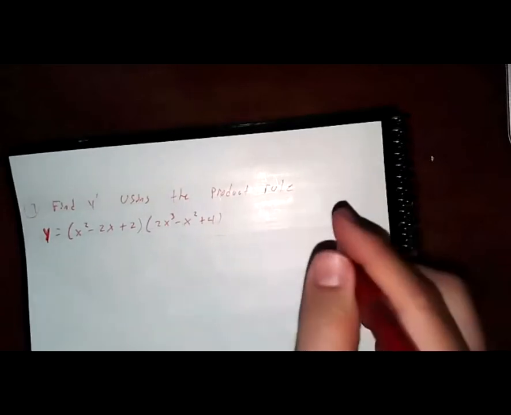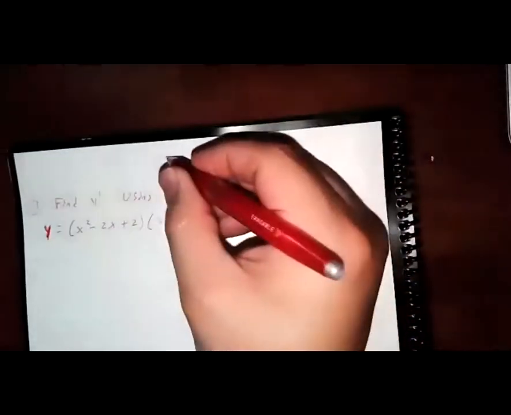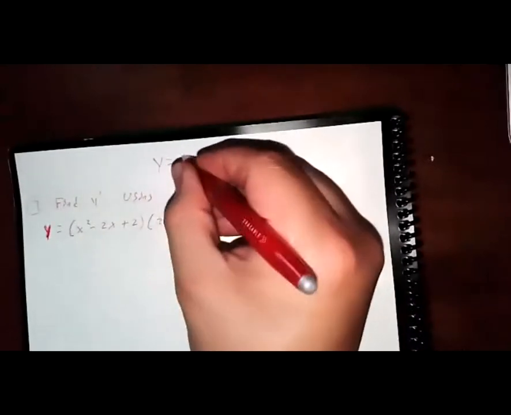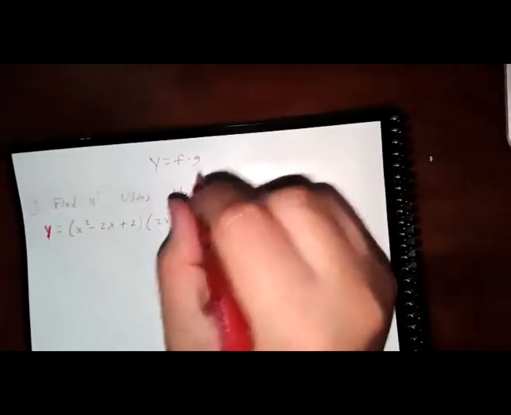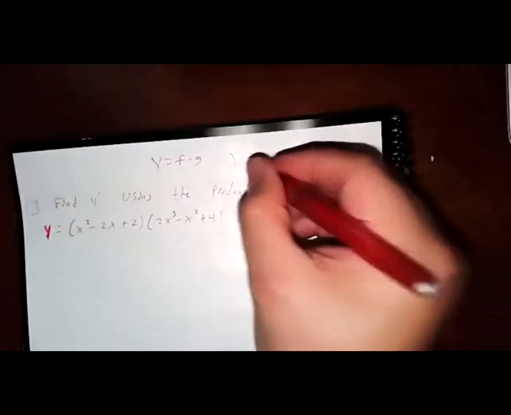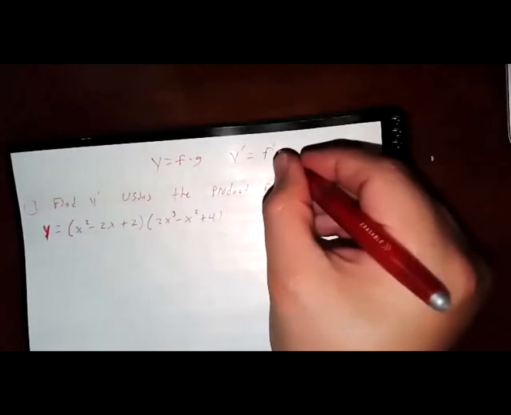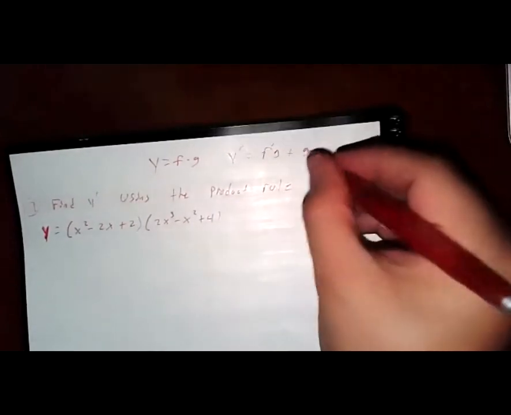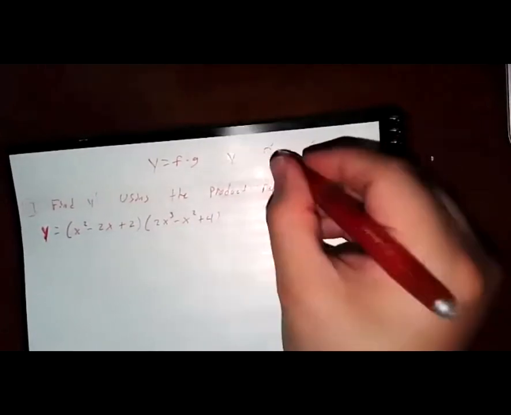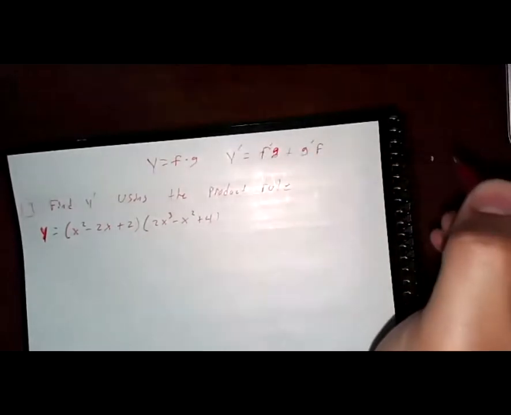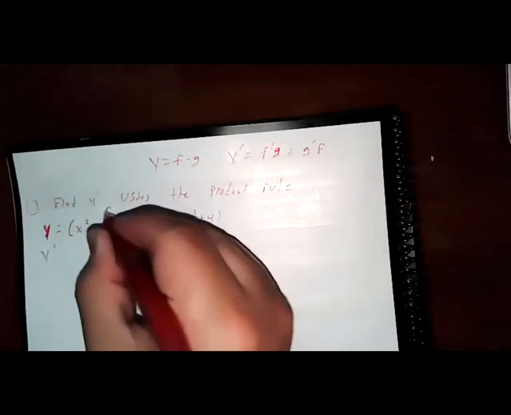Okay. So we're doing this guy here, product rule. I'm gonna write the product rule up here. We have a product of two functions, f times g. The derivative will be f prime g plus g prime f. So I'm gonna label this f and g.